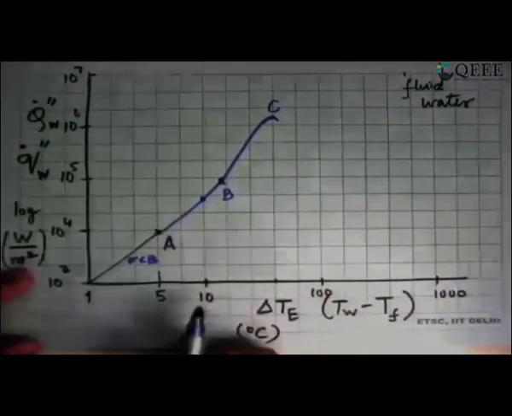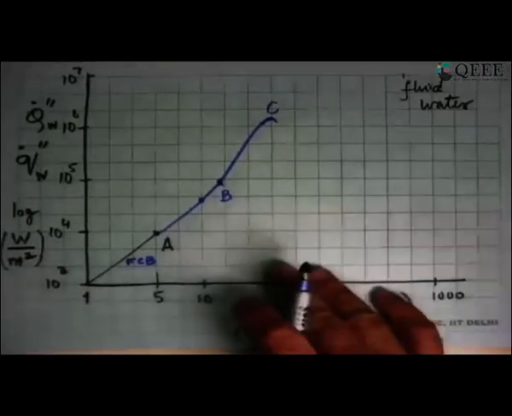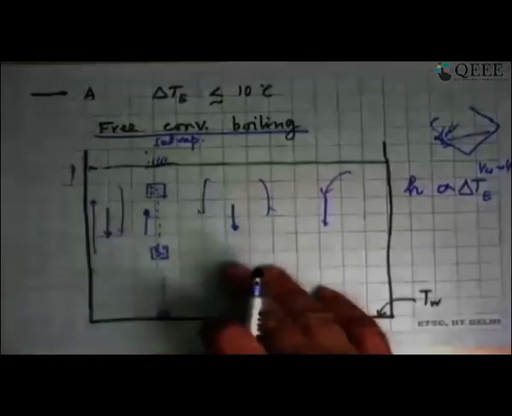So we'll look at this part. A to B is the next regime where something very different happens. And that is called nucleate boiling. A to C completely, this is called nucleate boiling.